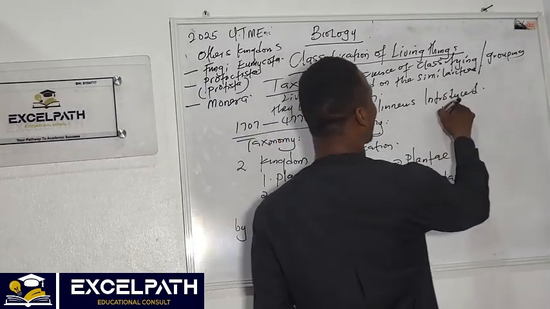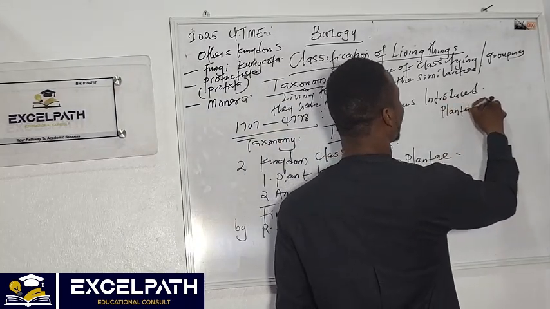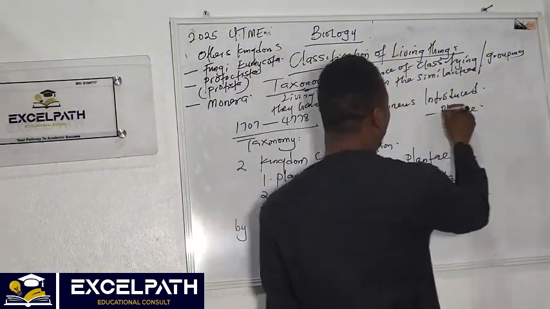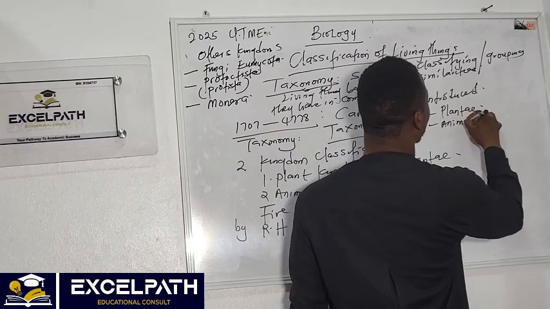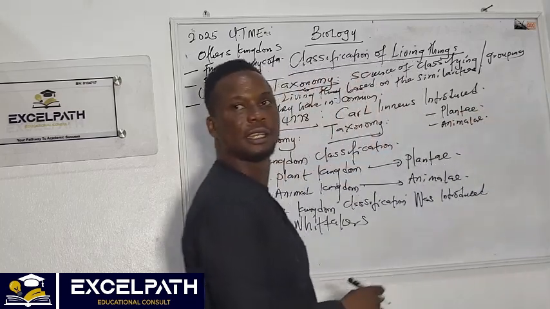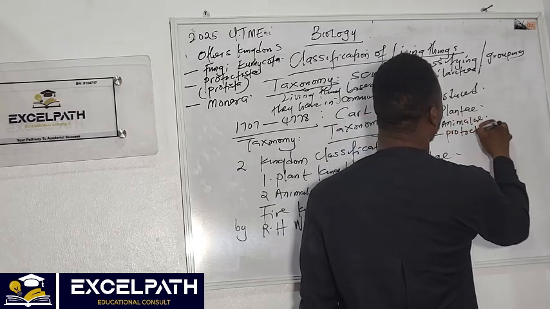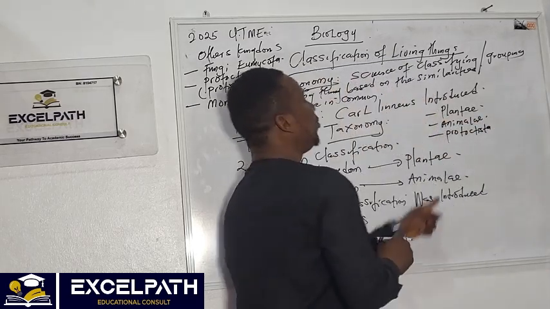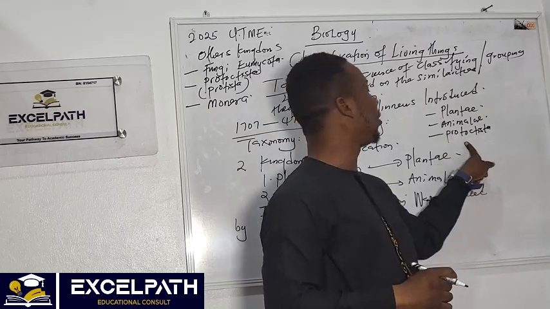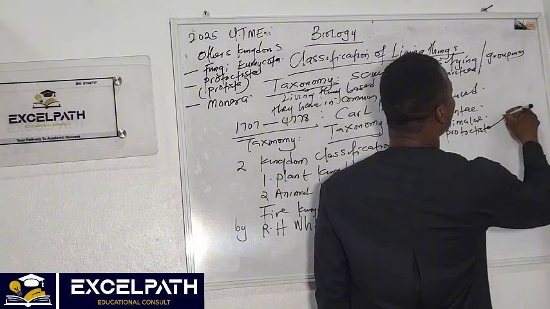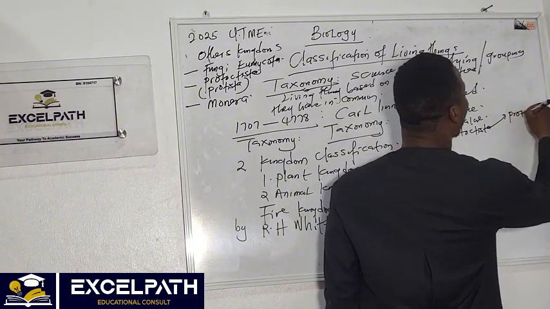Number 1, kingdom Plantae. All plants belong to this kingdom. Kingdom Animalia. All animals belong to this kingdom. Kingdom Protoctista. JAMB said we should look at the classification of Protoctista. The animal-like Protista are called protozoa.